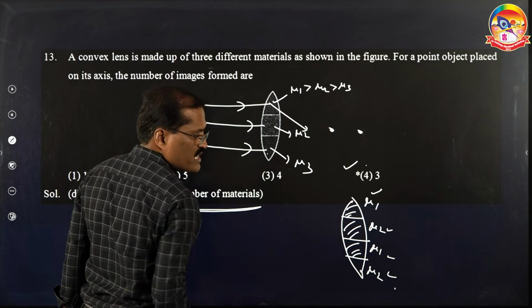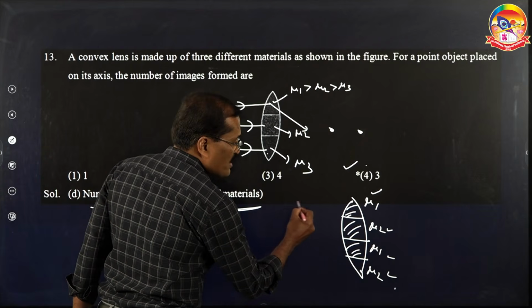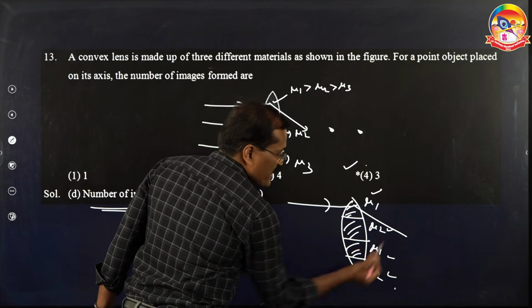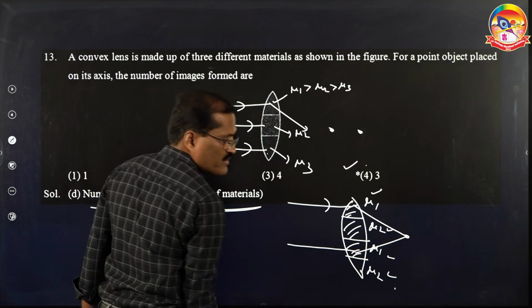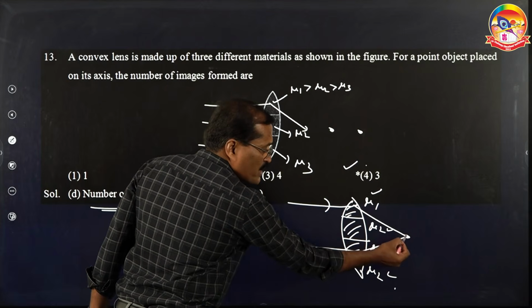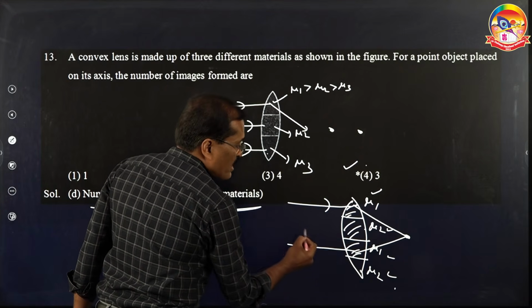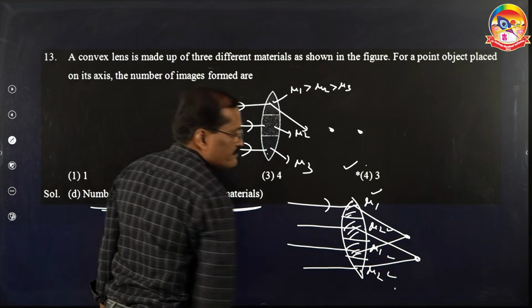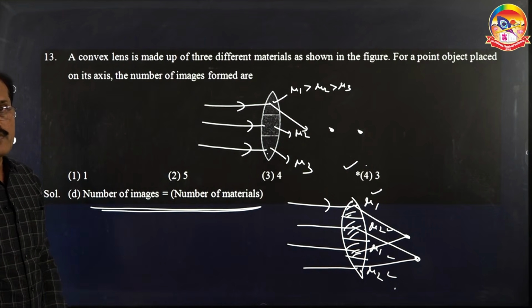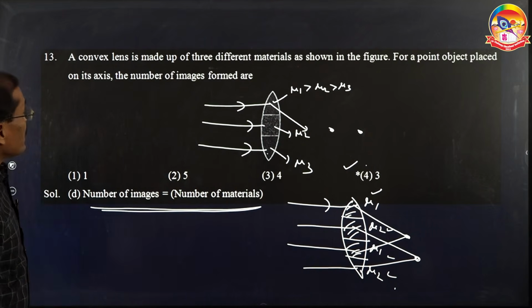The 4 different parts are given, but the rays coming from the mu2 parts meet at one place, and the rays coming from the mu1 parts also meet at one place. Therefore, because of mu1 only one image will be formed, and because of mu2 one image, so 2 images are possible finally, for the 2 materials.